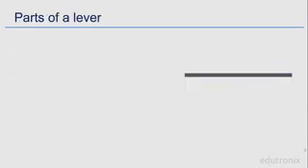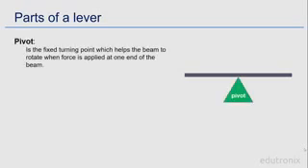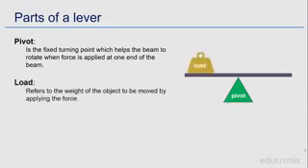Let's look at the parts of a lever in action very well. A lever, as we said, has a fixed turning point, which is referred to as the pivot. This pivot allows the beam that is suspended on it to tilt on either side when a force is applied. On one side of the solid beam, a load is placed. That load refers to a solid mass of an object.